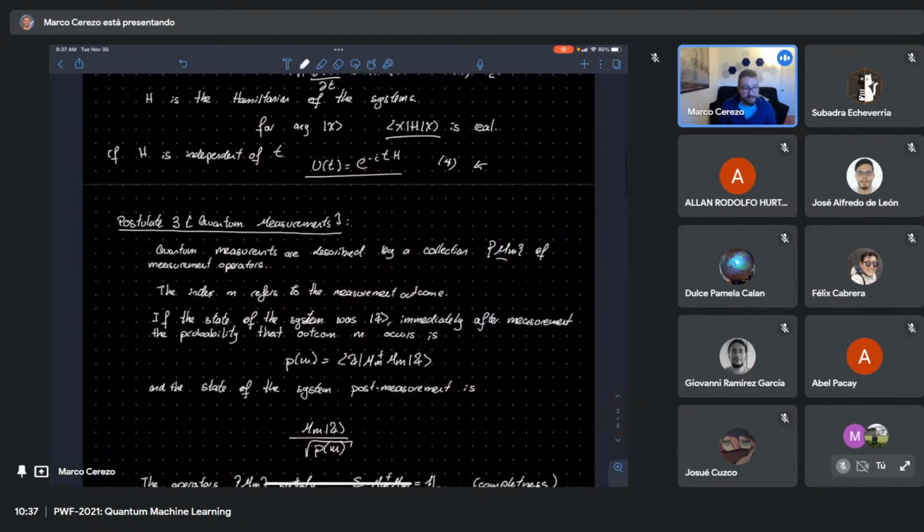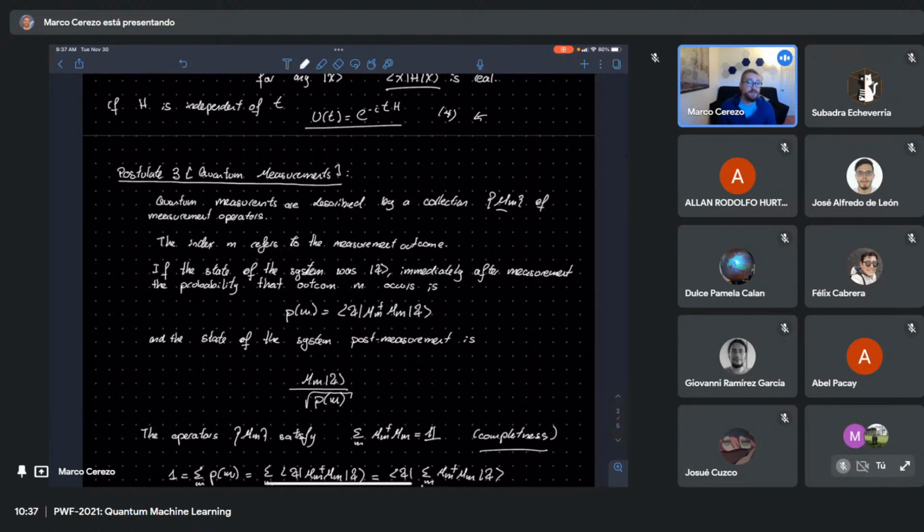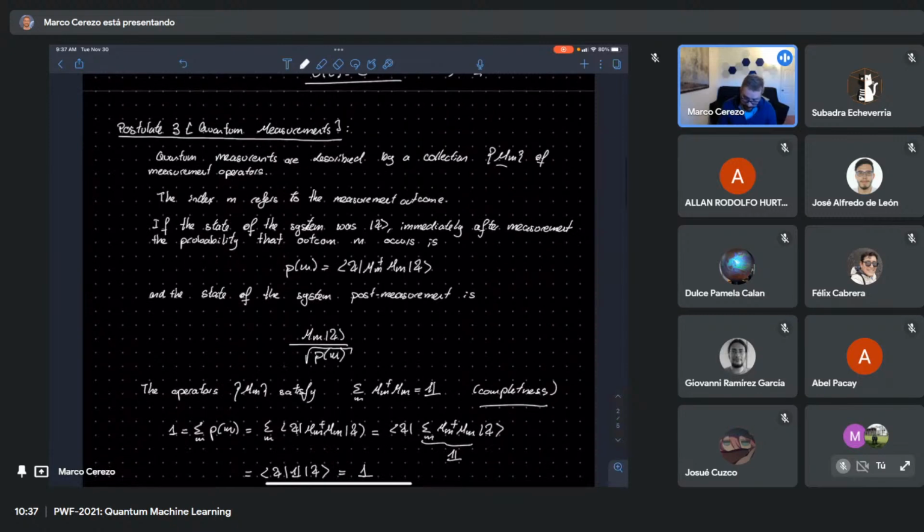Then the next thing we talked about was how to extract information out of those quantum states. We do this through measurements. More specifically, we talked about the probability of obtaining a measurement outcome and the state that we obtain post-measurement. Probabilities are obtained by computing the expectation value of some measurement operators, as we see in this equation right here.